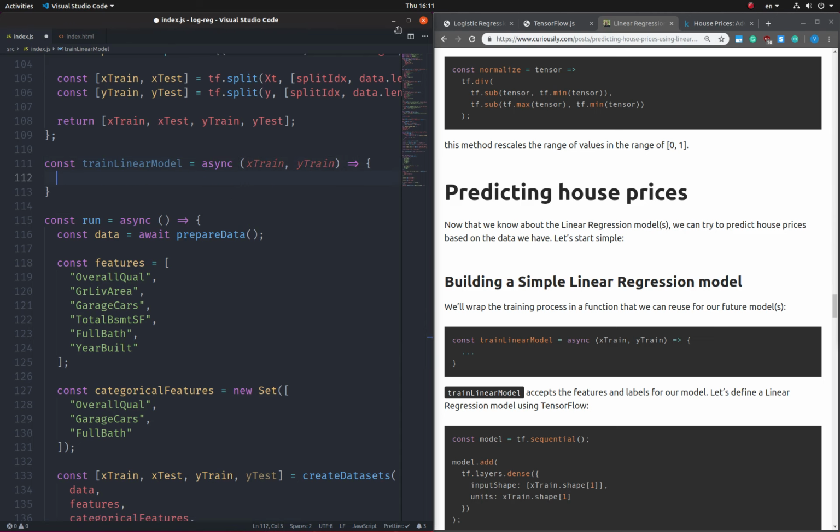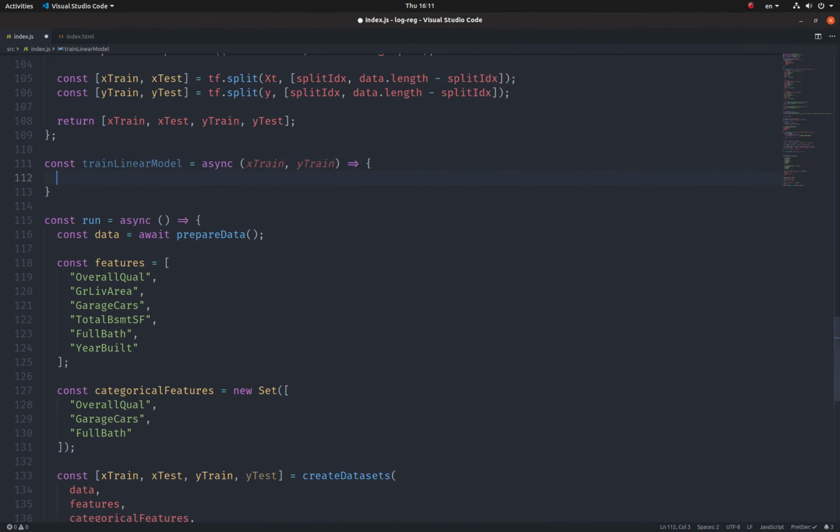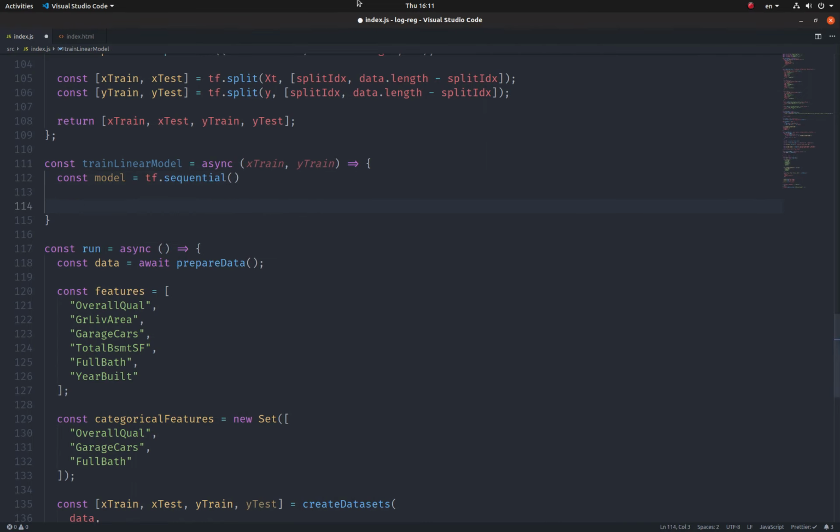And in here I'm going to define our first model. To do that I'm going to use the TensorFlow sequential model. So let's define the model. On that model I'm going to use the add method to add a layer.